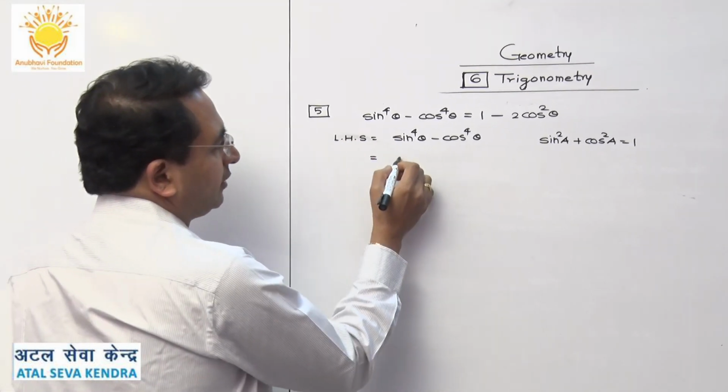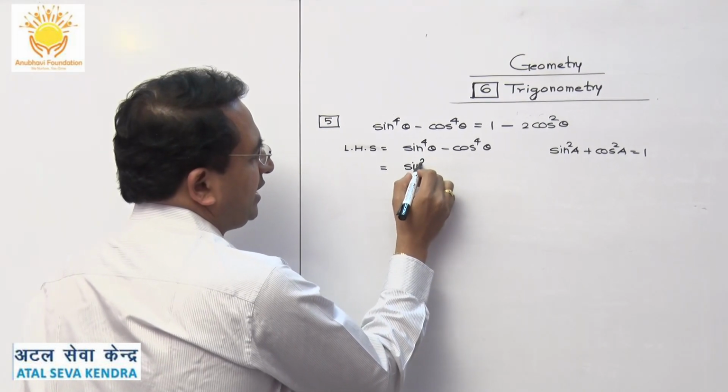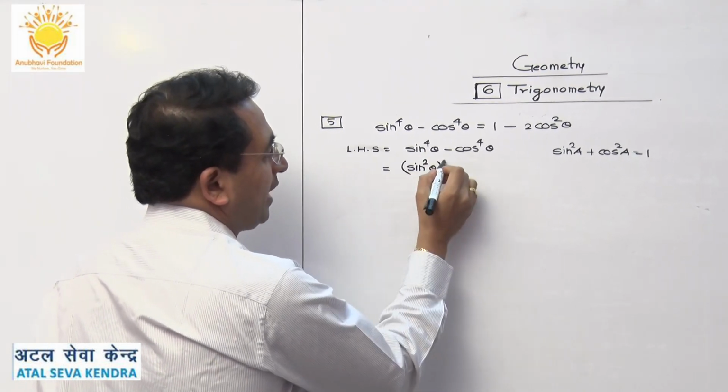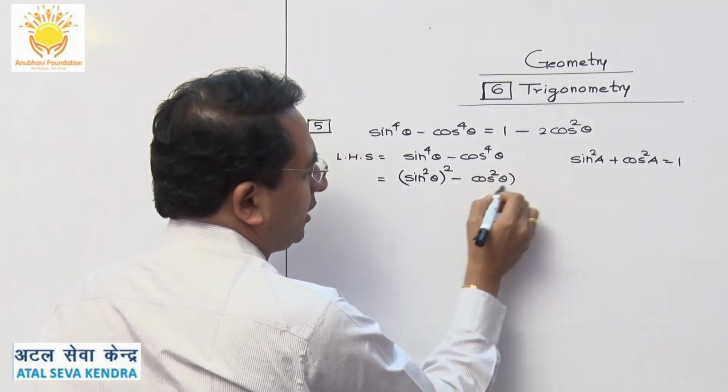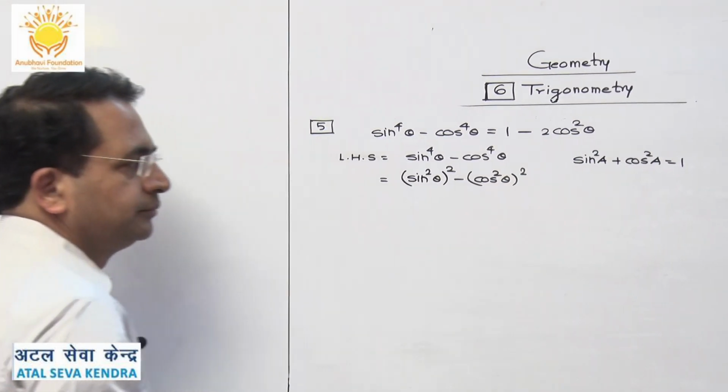And what we have here is (sin square theta) bracket square minus (cos square theta) bracket square.